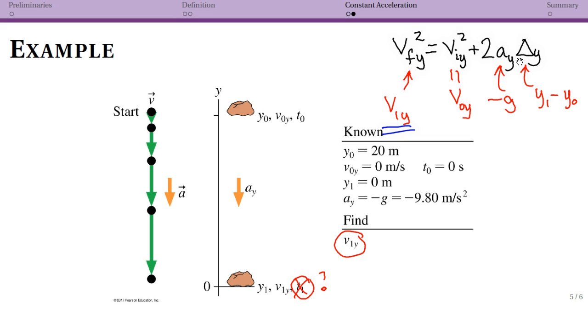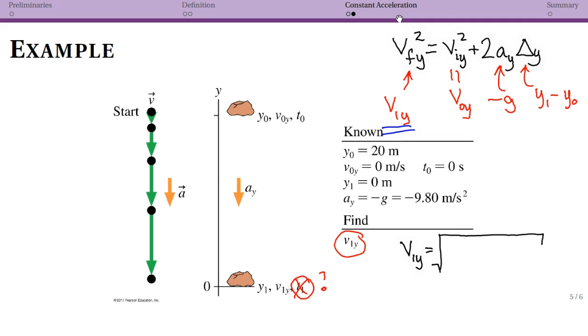One thing that I would always recommend doing in a situation like this is to rearrange for what you're solving for and then actually plug in numbers. Since you already have what you're solving for by itself on the left, all you really need to do is take the square root. So I'm just rewriting the equation with the notation used in this problem, taking the square root of the left side.